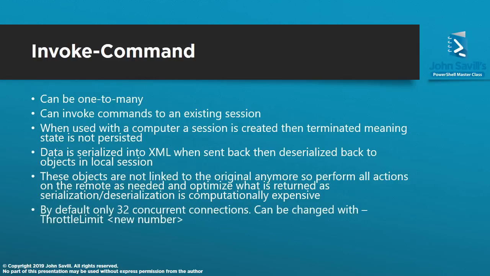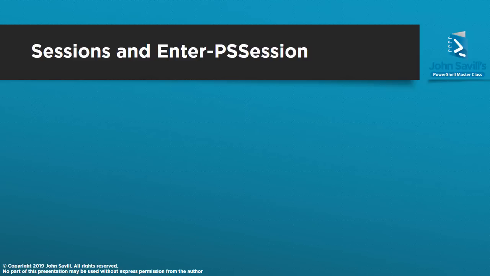When I run things on multiple remote machines at the same time, it's actually running them in parallel. But by default, it's throttled to 32 concurrent connections. I can change that with a throttle limit parameter, so I can modify that behavior. Now, I can also have a session.